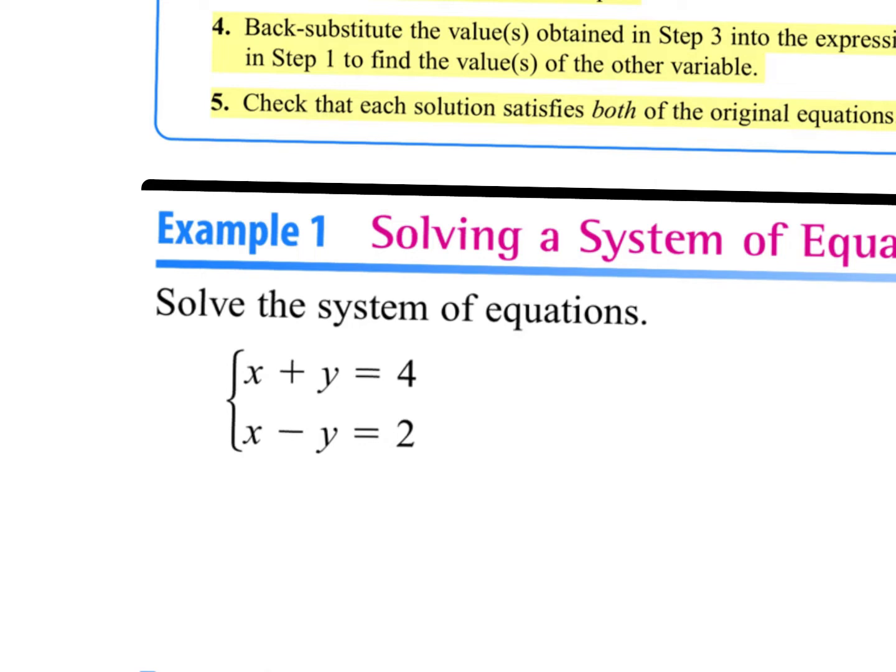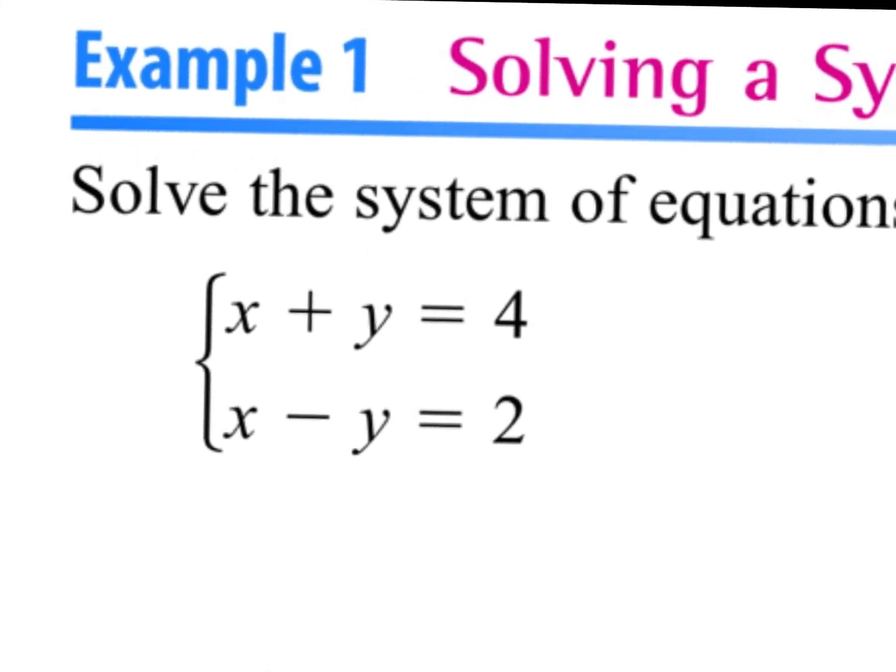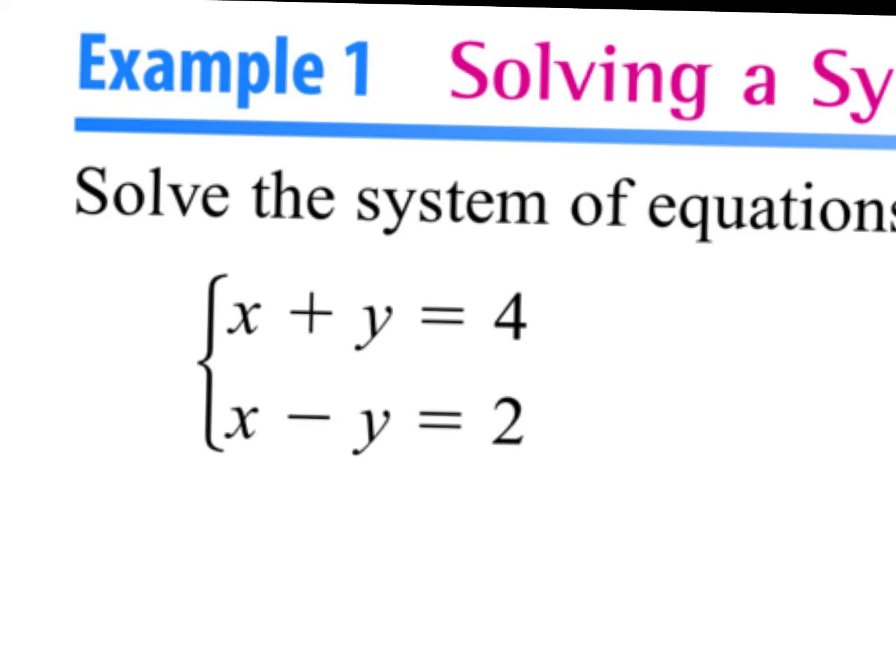So in a situation like example 1, super basic, you guys, if it says solve using substitution, then you figure out which equation you want to manipulate and which variable you want to choose to solve for. I'm just going to look at the first equation and say I'm going to solve for x. I want to get x by itself in this first equation. So if I want to get x all by itself, what would I do with y?